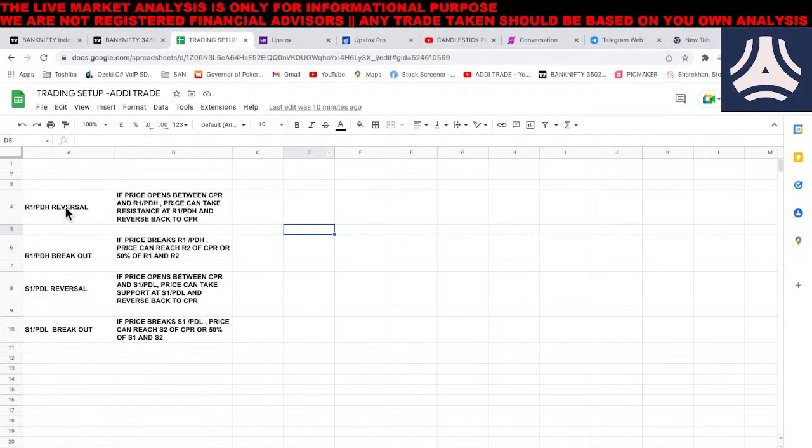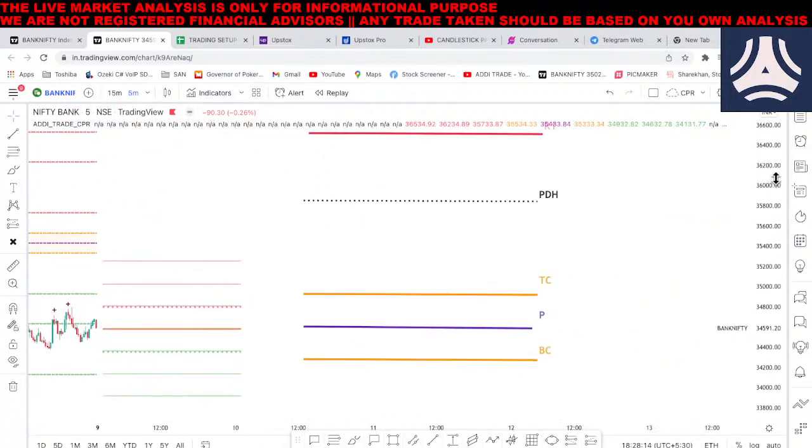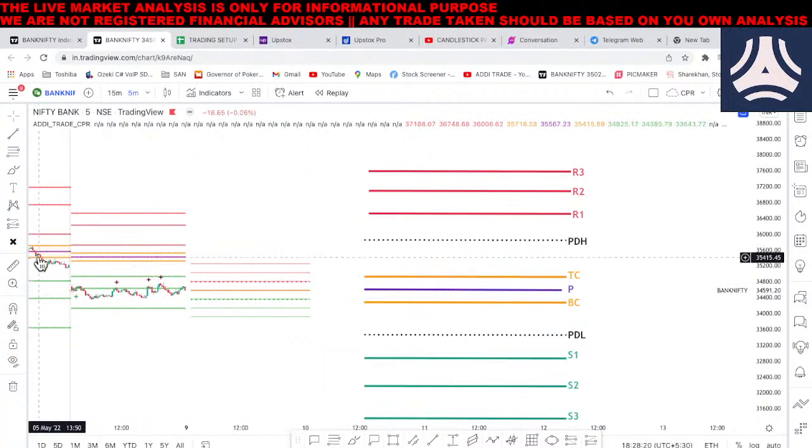So before that, with these 4 setups, if anybody has any question, they can just put it in the chat. I don't mind taking a few questions regarding the 4 setups, or anything about the CPR indicator itself. You can post it in the chat. Don't ask about entry and stop loss, I'll be explaining that now.